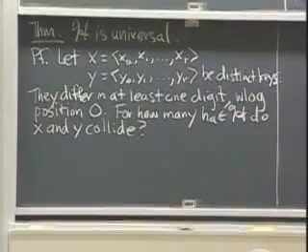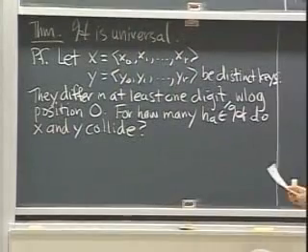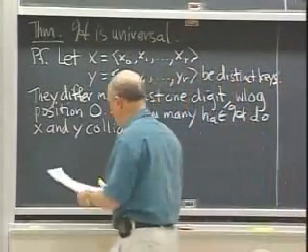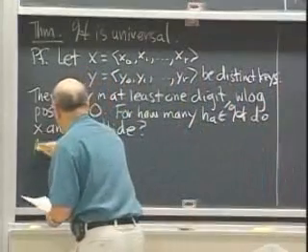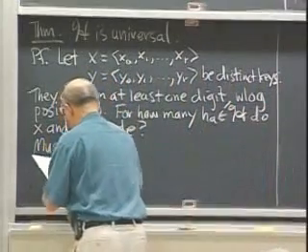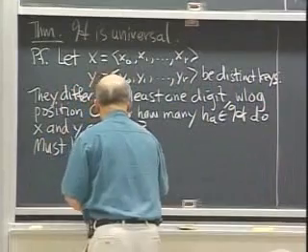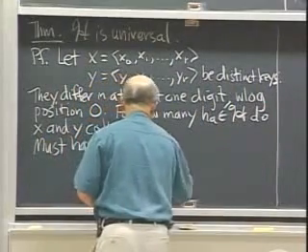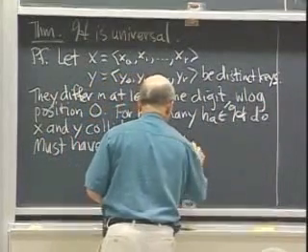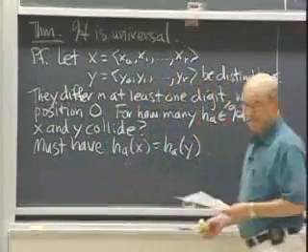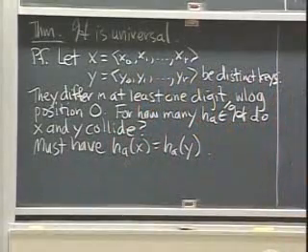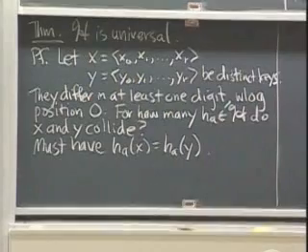And this is where we're going to pull out some heavy-duty number theory. So if they collide, we must have that h sub a of x is equal to h sub a of y. That's what it means for them to collide.